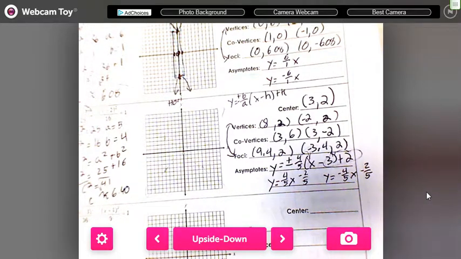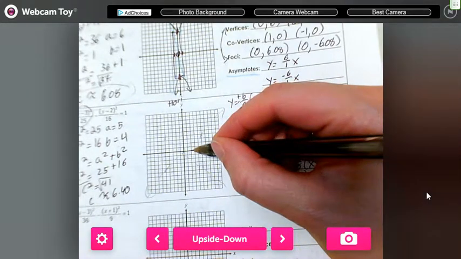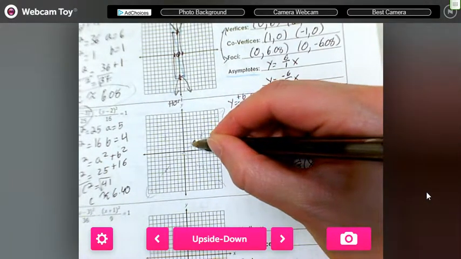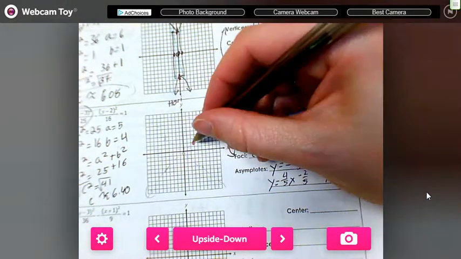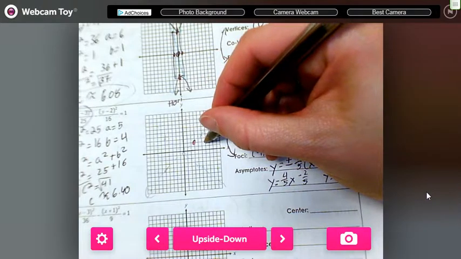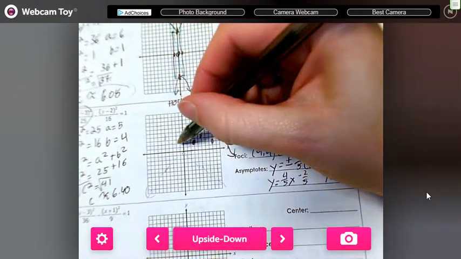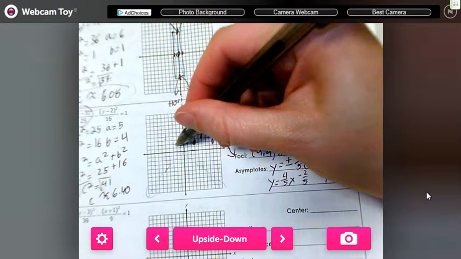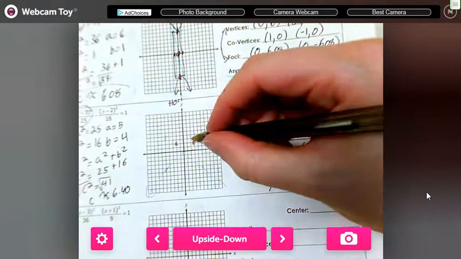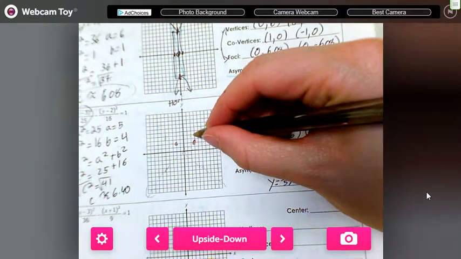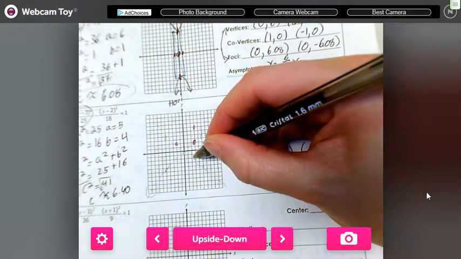Now my center is 3, comma 2. So that's my center. My vertices are 8, 2, and negative 2, 2. And then my co-vertices are 3 and up to 6, and 3 and down to negative 2.